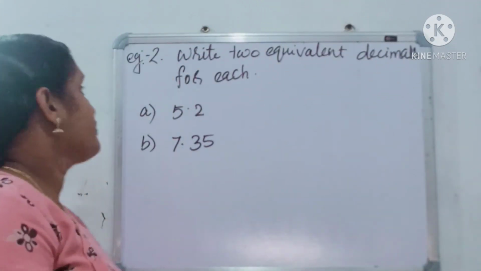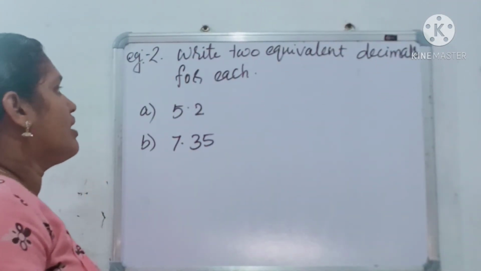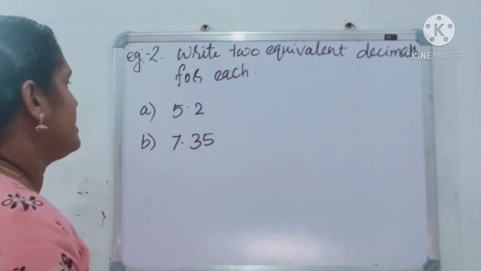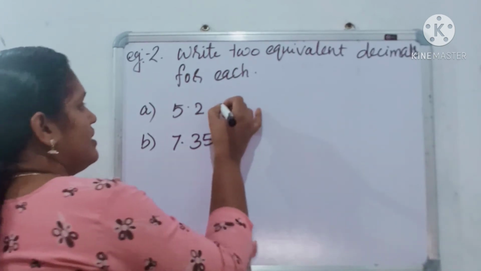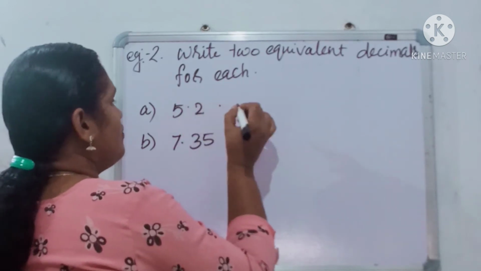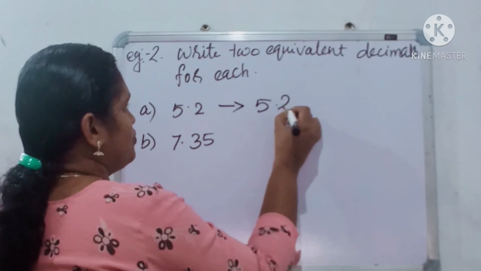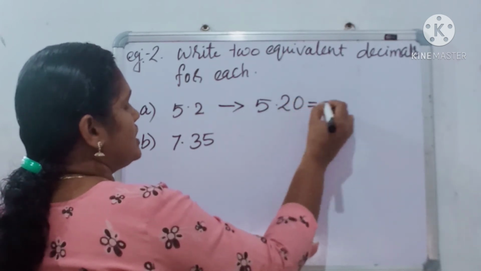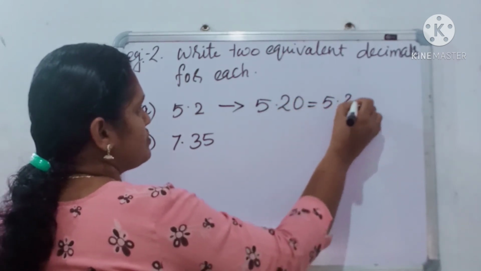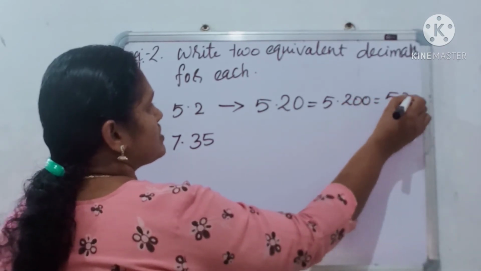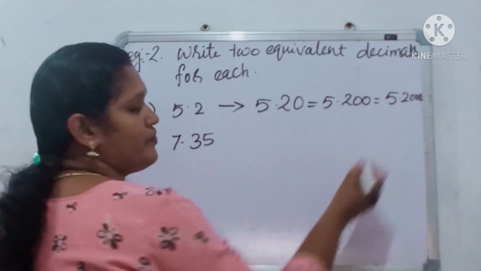Example 2. Write 2 equivalent decimals for each. It is very easy to write equivalent decimals. The equivalent decimal of 5.2 equals 5.20 equals 5.200 equals 5.2000.